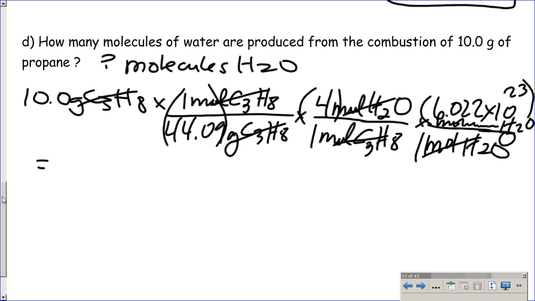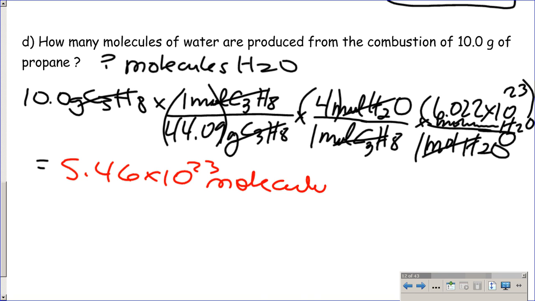You can multiply across the top all the way, equals, and then just divide by 44.09. A lot of people like to do that, because that way you don't have to mess with the parentheses. Okay. So that gives you a number such as 5.46 times 10 to the 23rd molecules of H2O.